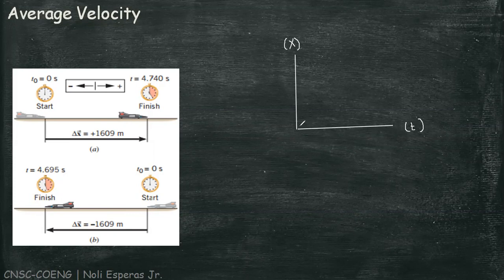Let's represent the position with a curve. This graph does not represent the track of an object taken in space. Instead, it just represents its position at every time, or with respect to time.